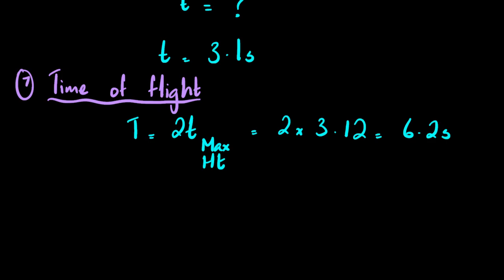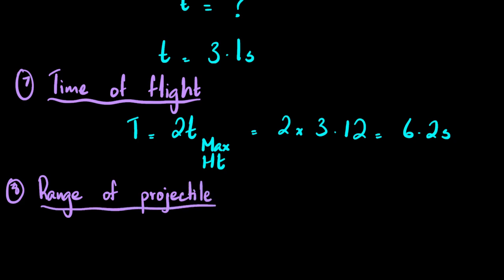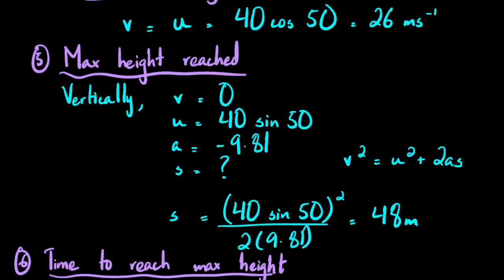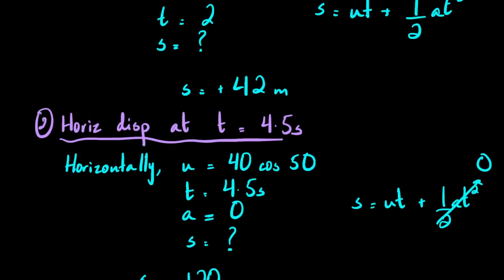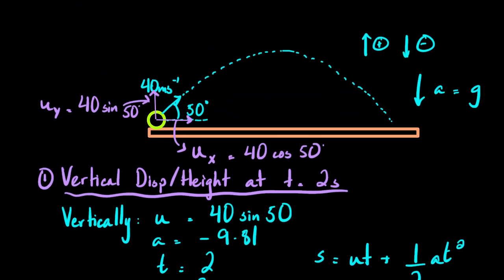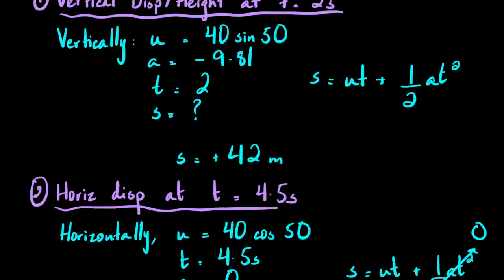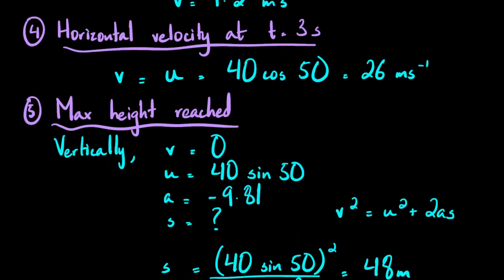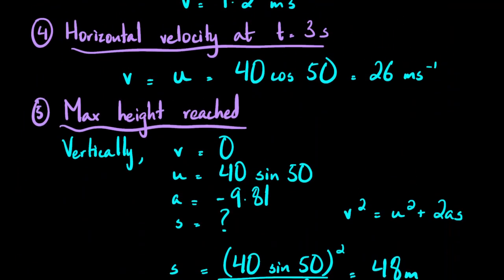Eighth part, which is the range of the projectile. Just as how we talked about the maximum height, which is the greatest distance that it goes up from this position where it started out from, the range refers to all of this distance, right? So for this we can just go ahead and use again the equation that we used above.